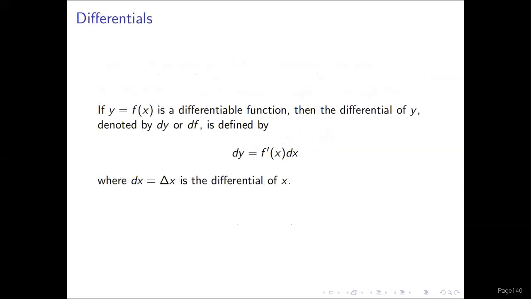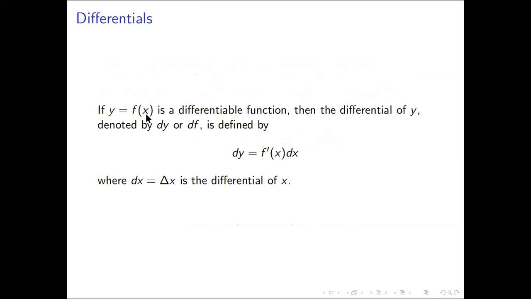Okay, now differentials. Let's start by defining differentials. It's just really another way of writing the derivative. Let's read.